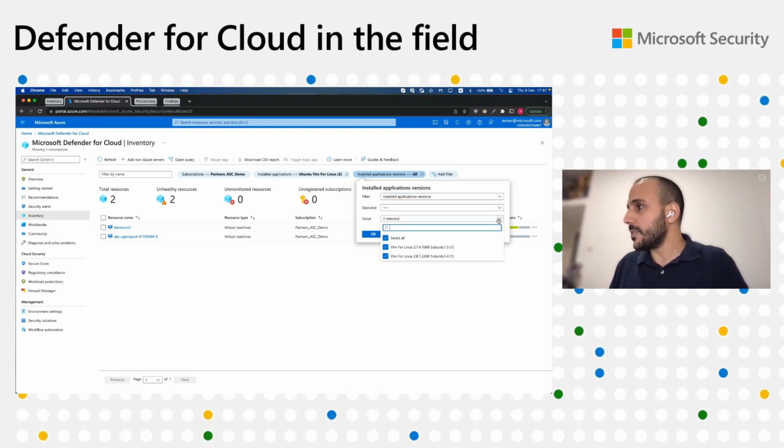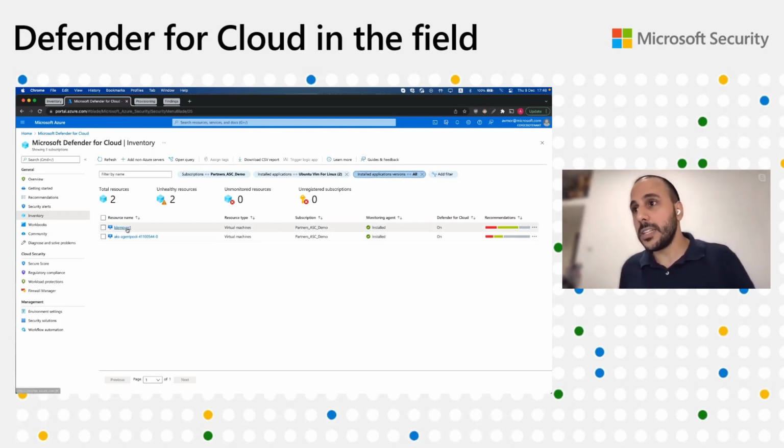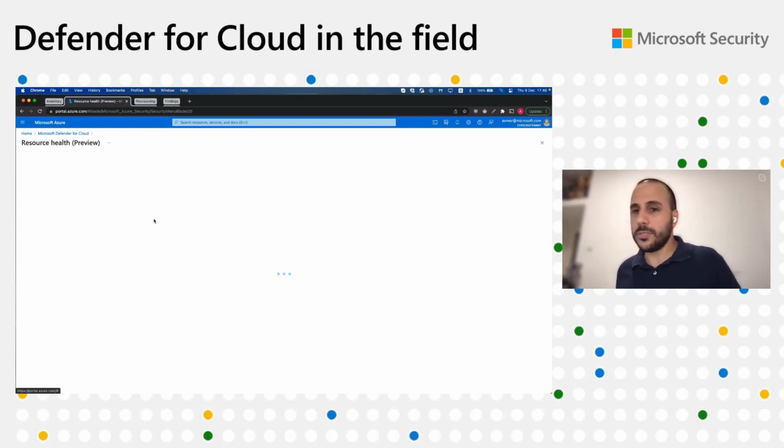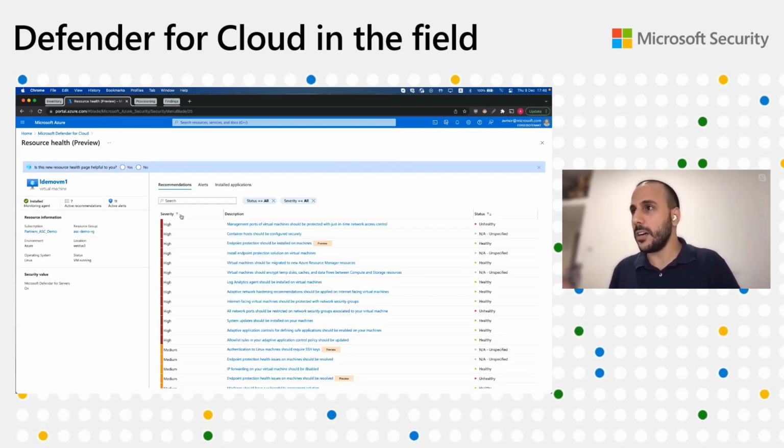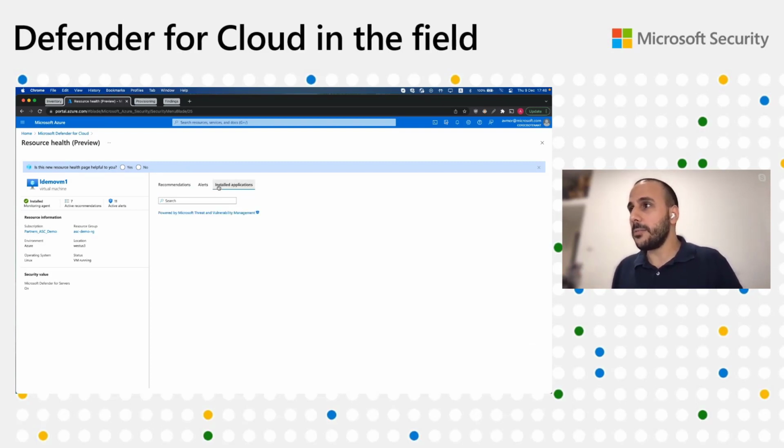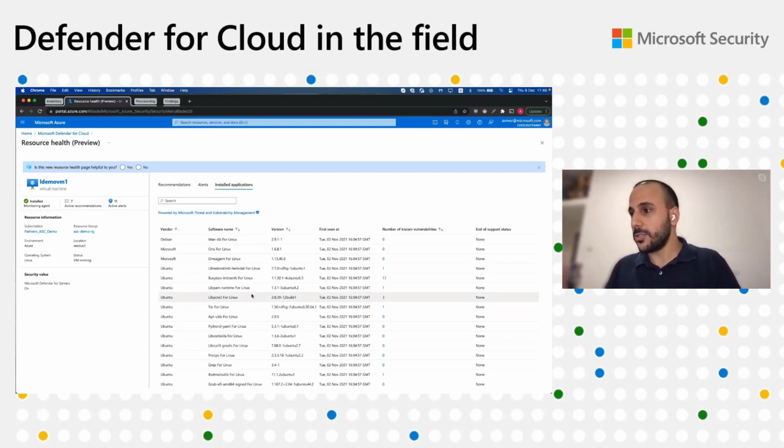And I can see for that specific software what versions I have, and I can filter through that as well. That's number one. We also added the ability to just list all the software for a specific server. So clicking on it, we have a new tab, Installed Applications. It shows us the full list of software that threat and vulnerability management detected on this server.